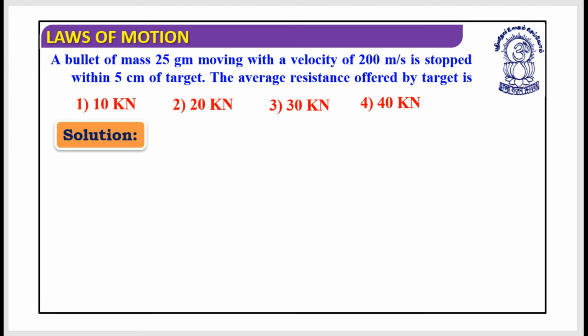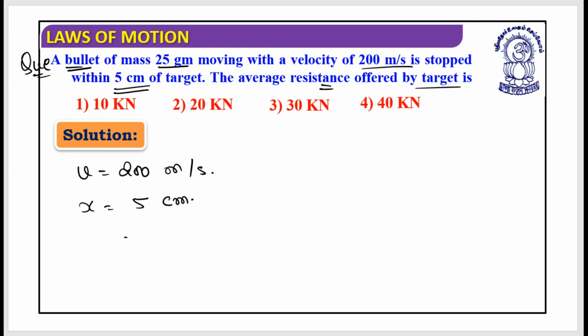Let's look at this question. The question says that a bullet of mass 25 gram moving with a velocity of 200 meter per second is stopped within 5 centimeter of a target. Find the average resistance offered by the target. The initial velocity of the bullet is 200 meter per second, and it has traveled a distance of 5 centimeter, but as it is in centimeter, that needs to be converted, so I write 5 by 100 meter.